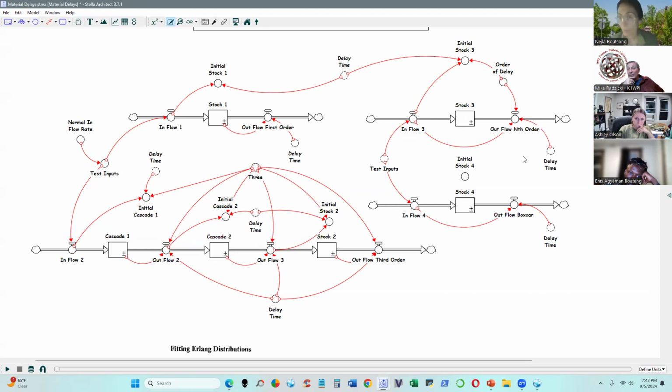I was just going to comment that the nth order delay reminds me of when I worked in major organizations in the comms department, and an email had to go through a chain of sometimes 15 to 20 people. Each of those people have a backlog of emails to read and approve.